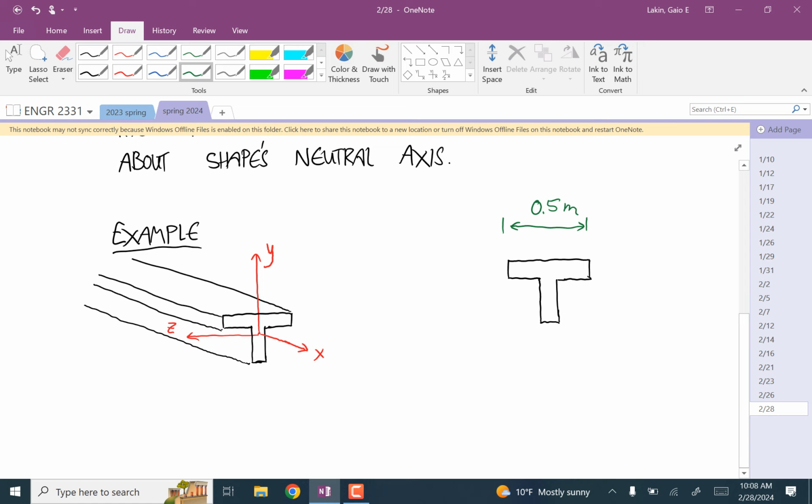And the thickness everywhere is 1 centimeter. And this distance is 0.5 meters. And I'm going to break this up into the top rectangle 1 and the bottom rectangle 2.